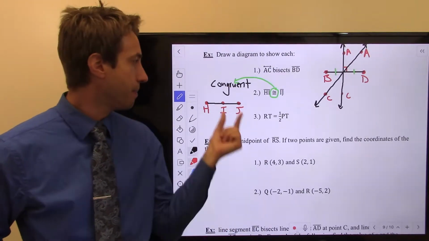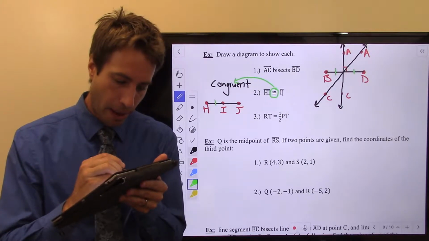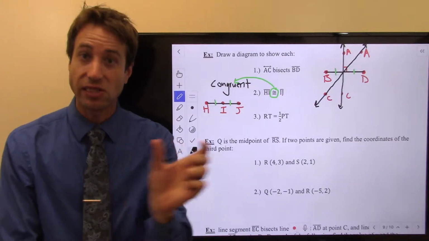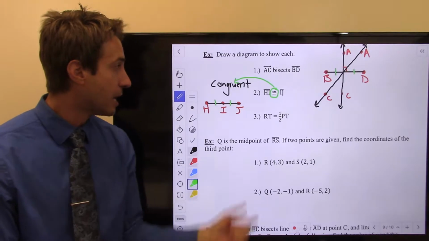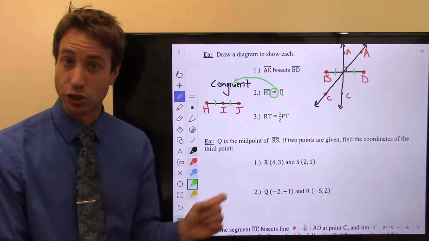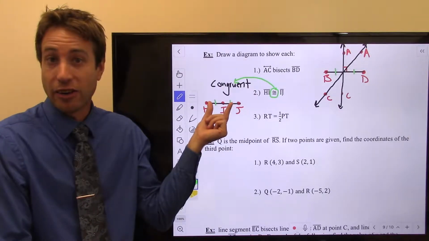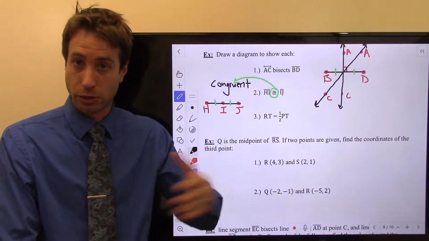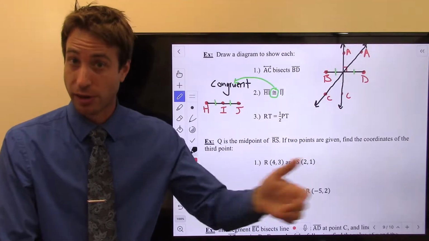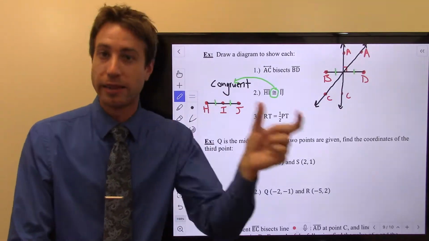So, same shape, they're both line segments, same magnitude, they both have the same measure, the same distance, right? So there you go. HI is congruent to IJ. Each of those segments would have the same measure. Use a ruler, they should measure the same.